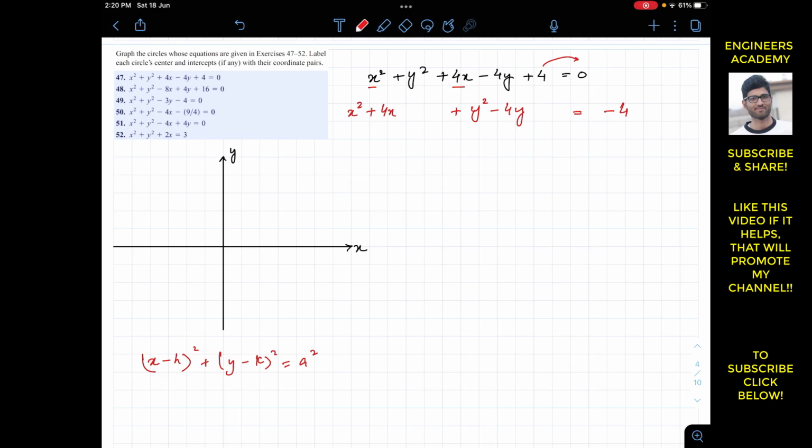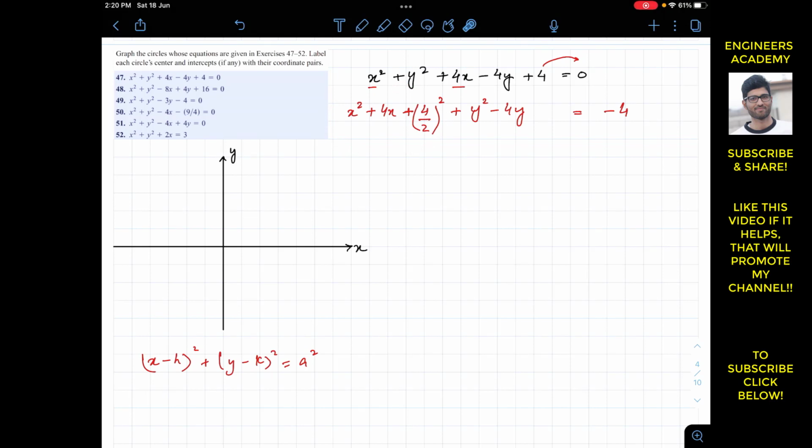So we need to complete the square. We add a constant, which is this coefficient 4 divided by 2, square. By adding this, we complete the square, which makes the a plus b square formula.